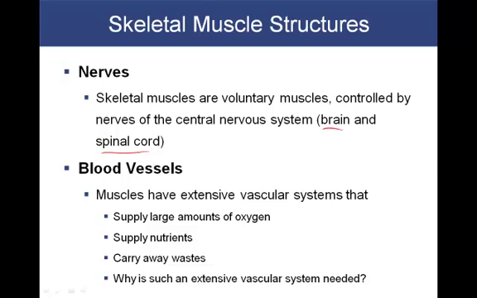But again, we'll talk more about that later. So this is why such an extensive vascular system is needed. Lots of energy is required for muscle contraction. In order for the body to maintain that level of energy needed, it's going to require nutrients and oxygen for aerobic respiration.